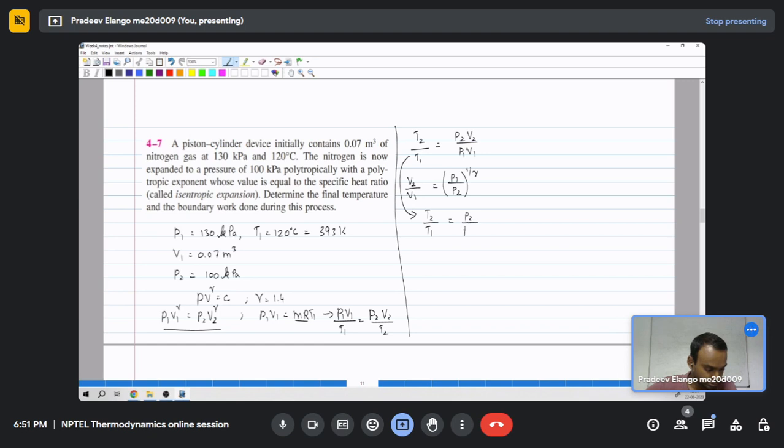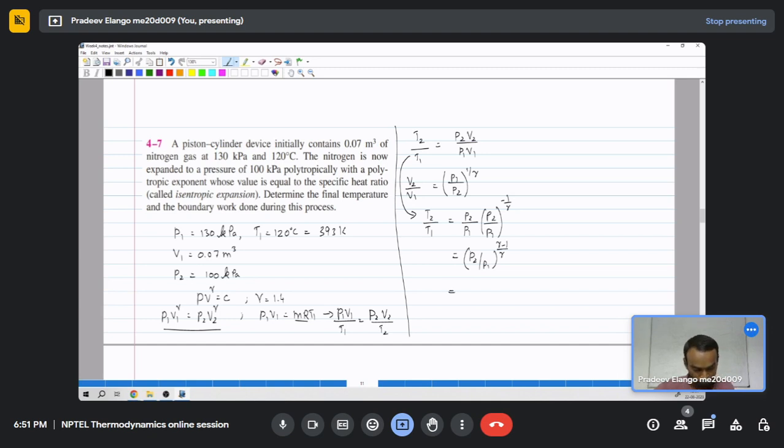P2 by P1, this can also be written as P2 by P1 power 1 minus 1 by gamma. Then we will have totally P2 by P1 is gamma minus 1 by gamma.